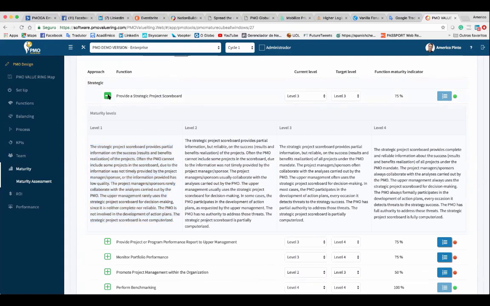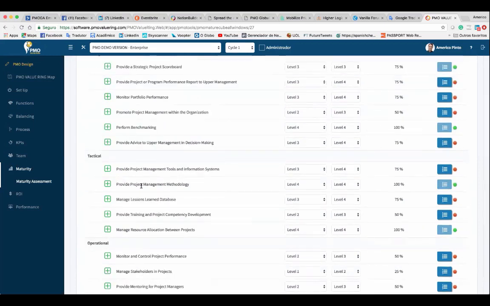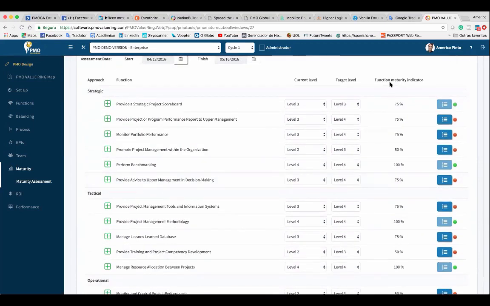And again, remember that we have some strategic functions, some tactical functions, and some operational functions. So you can see here a column where we have the function maturity indicator. We calculate this number, and that's important, comparing our current level with the top level.